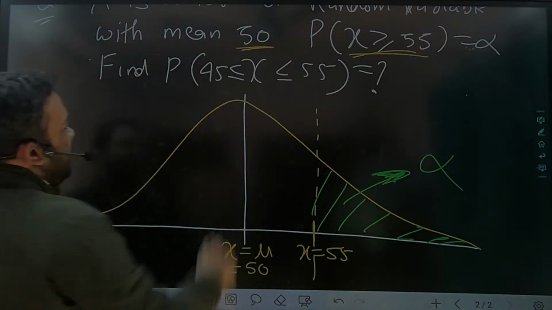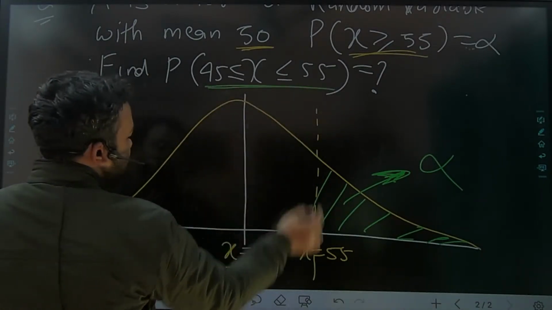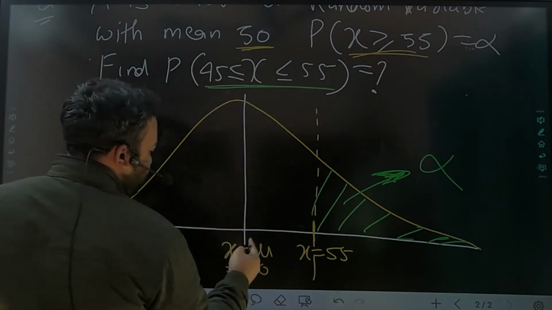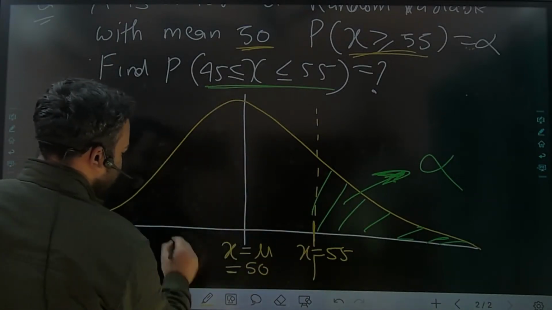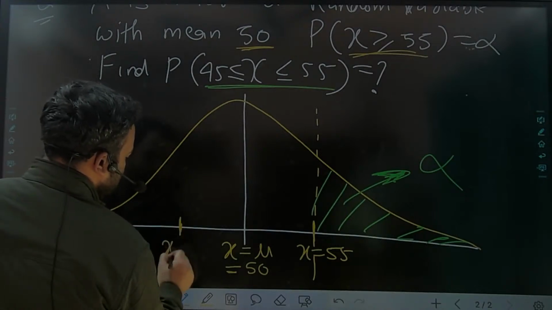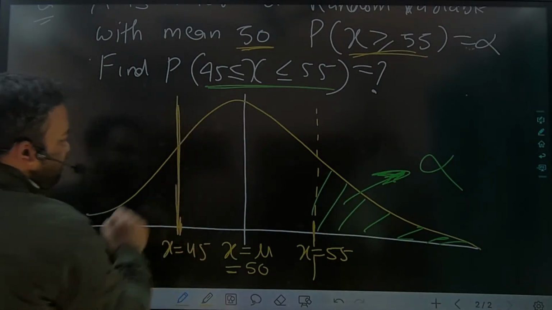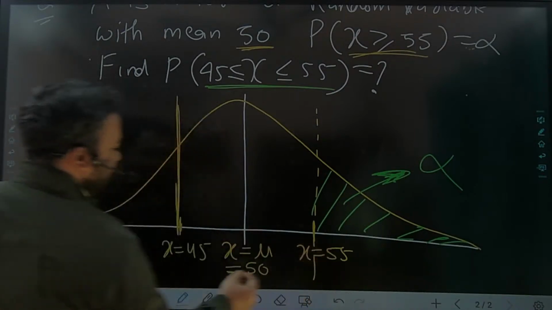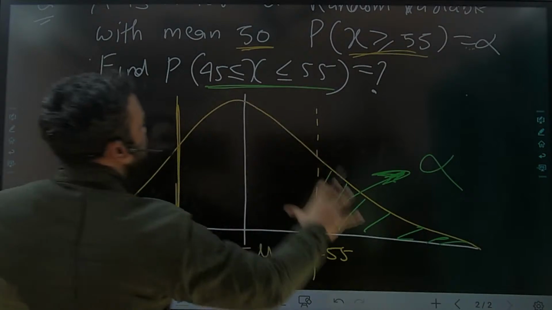And they're asking the probability within this range, or area under this range. So see, 55 is here. Where is 45? We go 5 below. So x equal to 45 will be here. 55 minus 5, you get 45. Now you see, this curve is equally distributed.